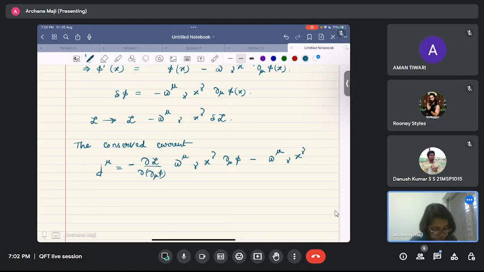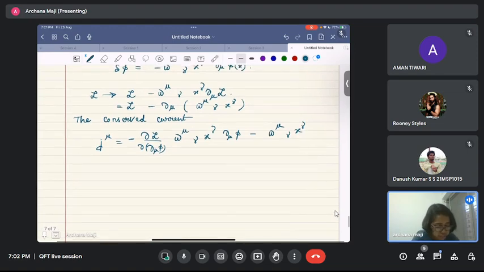Okay, so before writing that step, this must be equal to the total derivative of omega mu nu x nu.